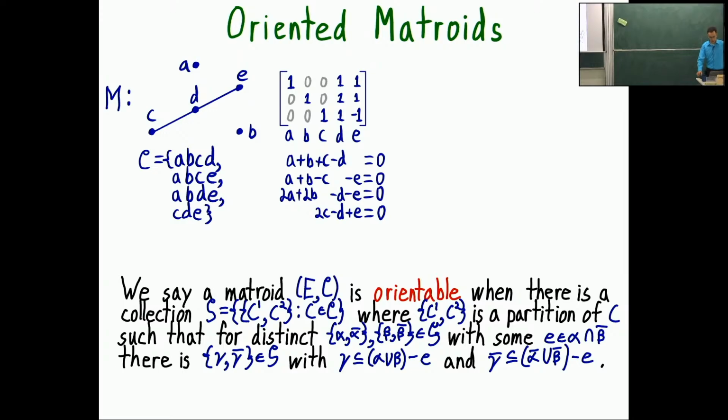A circuit in this matroid corresponds to a linear dependency of these vectors. And if I'm over the reals, I can get a very natural bipartition: just look at the signs. So the sign of each linear dependency will give me a bipartition.